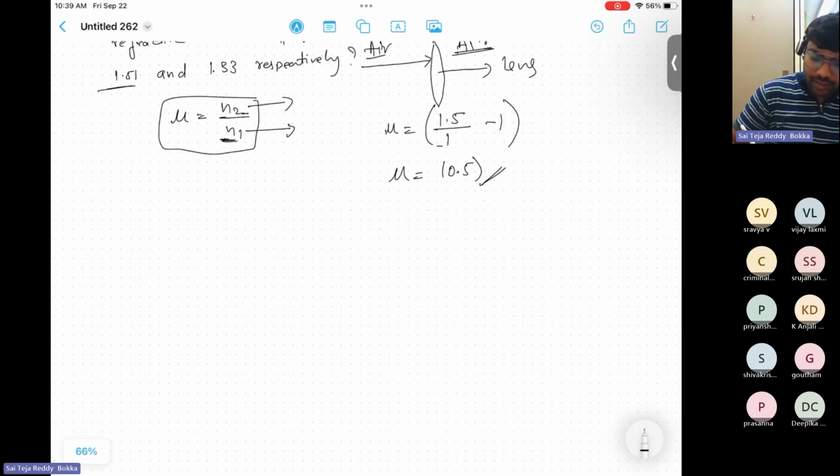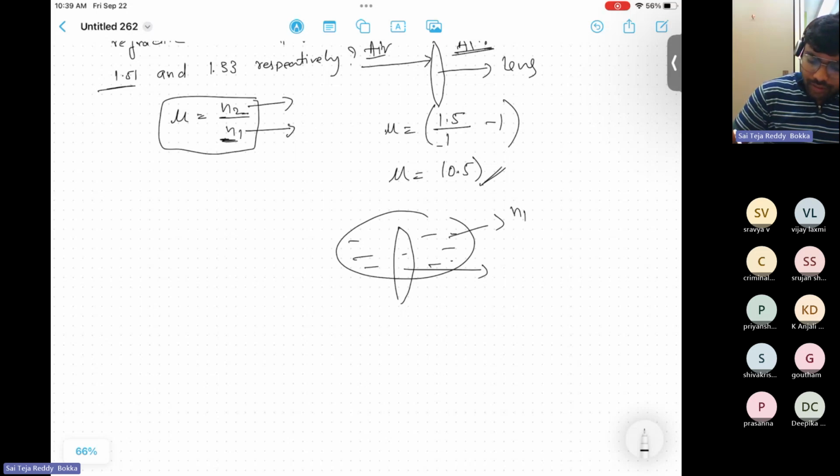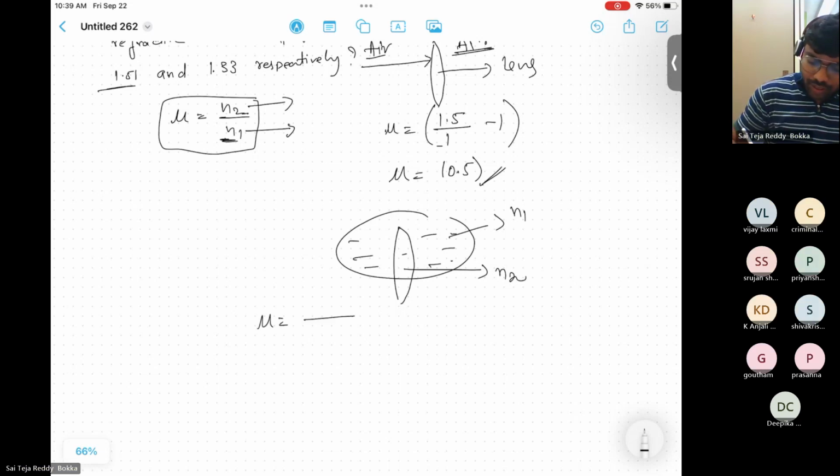So for the second case, just see. Your surrounding medium is water. Then it will be N1 and the refractive index of glass will be N2. Then mu is equals to N2 by N1. So what is the refractive index of water?